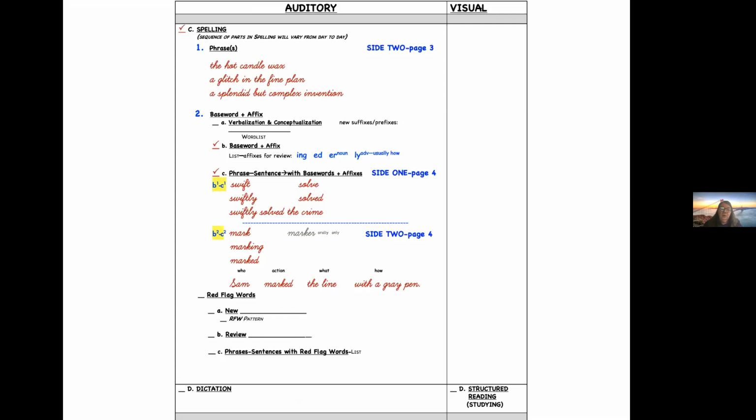That's also why you want to make sure that if you have a what or a who phrase, that it has other information. So it's the wax, and hot and candle are both describing wax. And a glitch, what kind of glitch? A glitch in the fine plan.